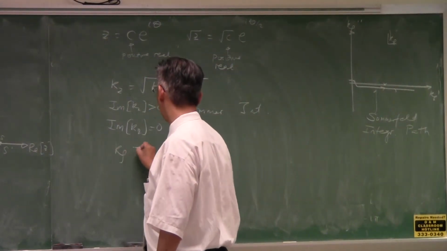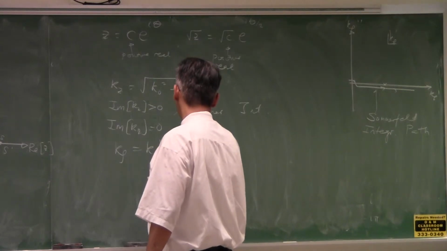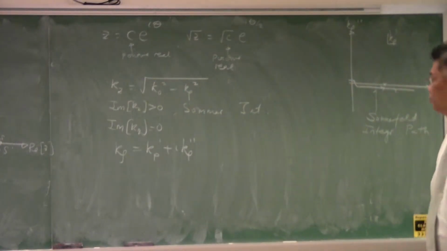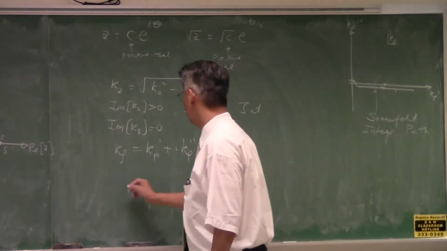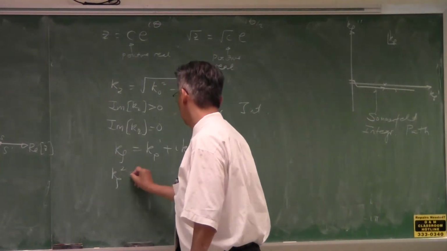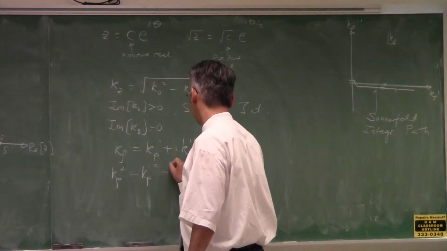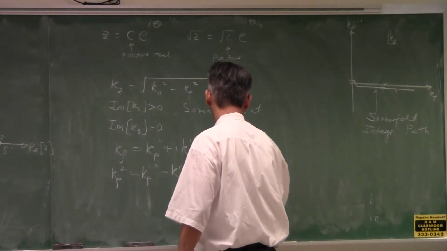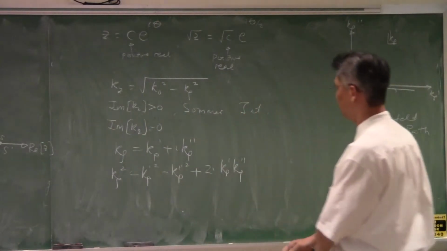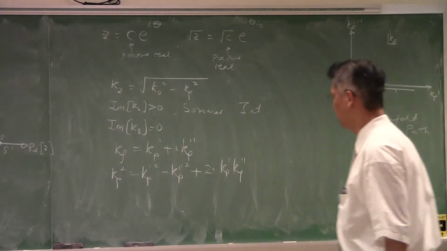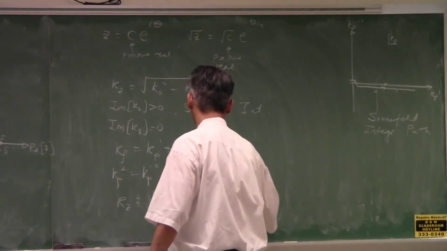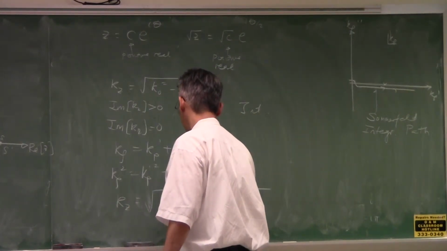So we let k rho be a complex number, having a real part and imaginary part. K rho squared then will be k rho prime squared minus k rho double prime squared plus 2i k rho prime k rho double prime, right? So kz is equal to the square root of k0 squared.